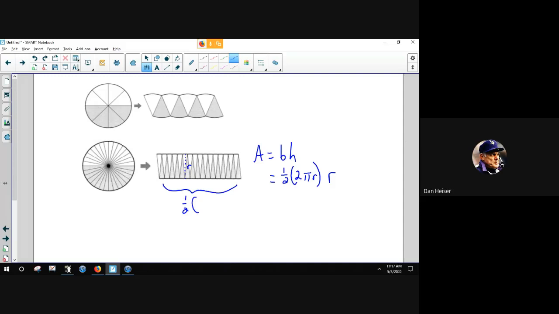Therefore, the area of a circle comes out to be, well, the 1/2 and the 2 knock each other out. We get pi times r, we get pi r squared. That is where the area of a circle comes from.